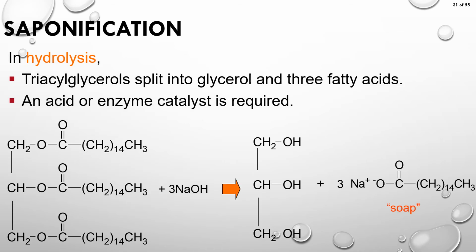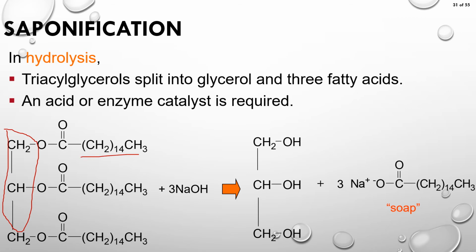Now we look at alkaline hydrolysis. In this reaction, we have a triglyceride, which is produced by a glycerol backbone. This is it. And 3 molecules of fatty acids.